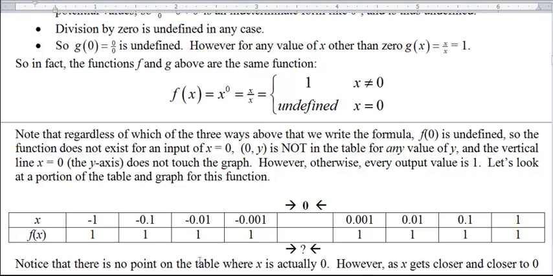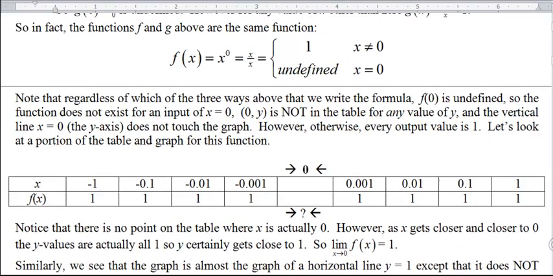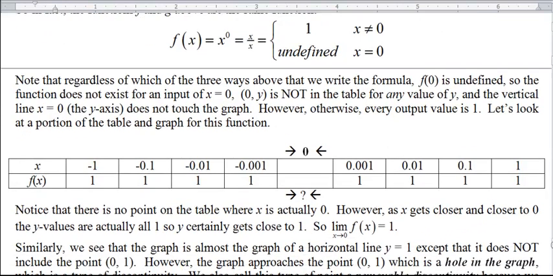In fact, they are 1 every time. So they're certainly close to 1. They are 1. So that limit is actually 1. So here's an example where the function does not exist at 0 when x is 0, but the limit does exist. So this gives us something kind of new with calculus that we didn't have with pre-calculus. It gives us a way of talking about a limit.